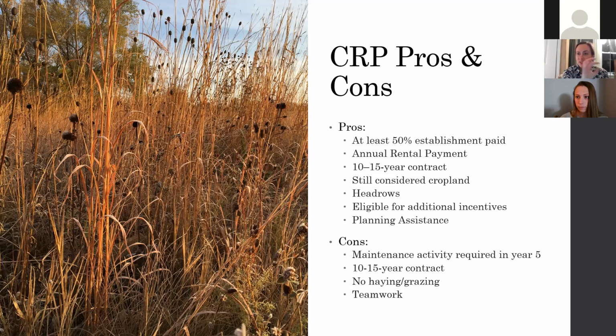It still needs to be protected cover, but you can turn your equipment around in it. So instead of moving the compaction back into the field because you're avoiding the CRP acres, you can avoid the compaction issues on the interior of the field by turning around in the CRP.